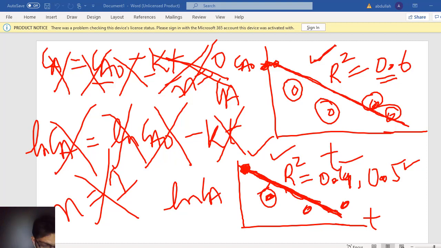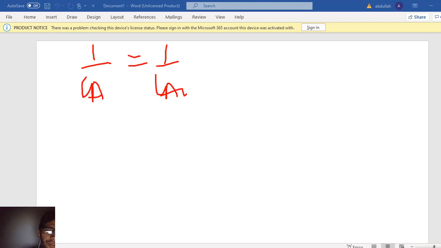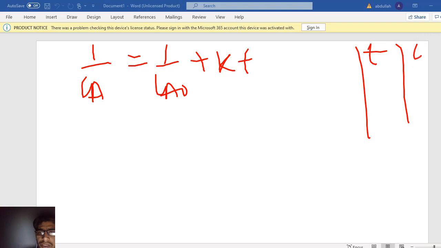So we will use the straight line of the second order reaction, which is 1/CA = 1/CA0 + kt. We obtained these experimental time and concentration data.